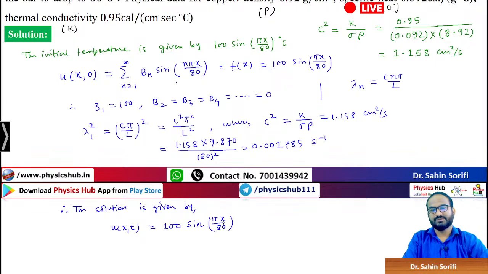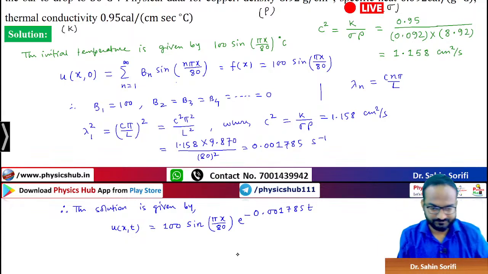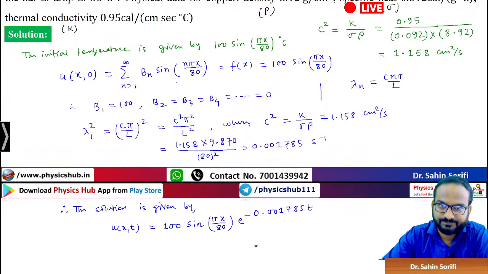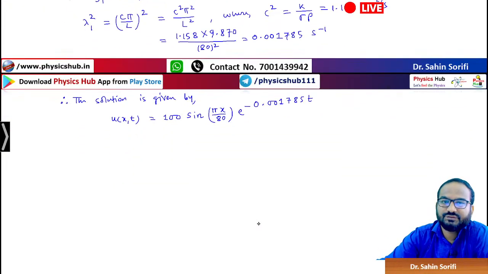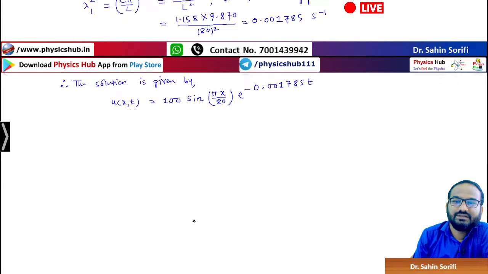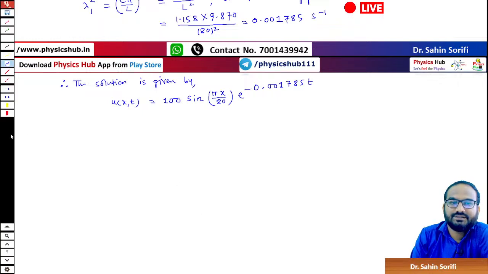Only one term will be there in the summation, and e to the power minus lambda 1 square into t, so minus 0.001785 t. So this is what u of x,t is equal to: 100 sin pi x by 80 into this.